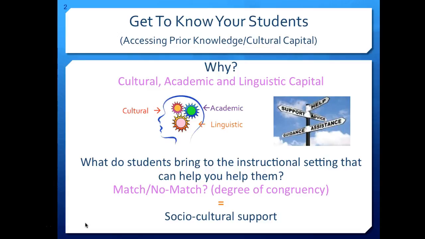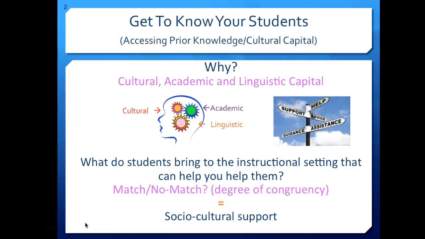What do students bring to the instructional setting that can help you help them? And we're talking about match, no match, degree of congruency. This is something I did not talk about in the last module. The closer the culture is to that in most places in the United States, the more likely and easier it will be for students to pick up new learning.